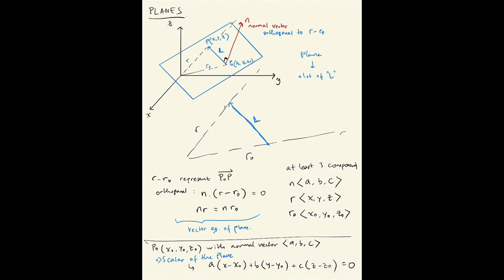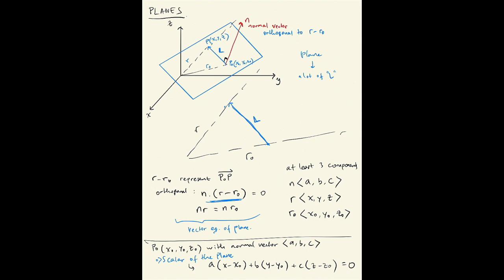Why is it 0? It's from the orthogonal equation, the dot product with the normal vector and R minus R0, expanding with A, B, C, and x0, y0.